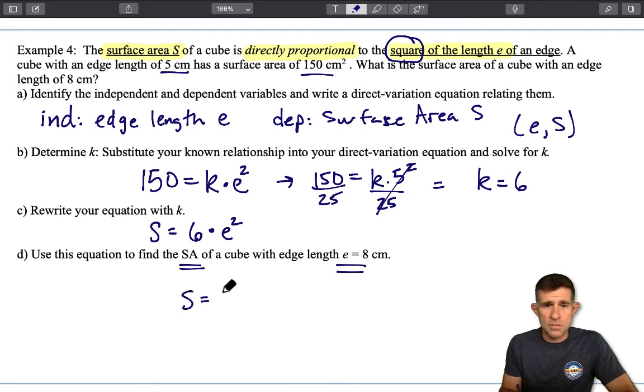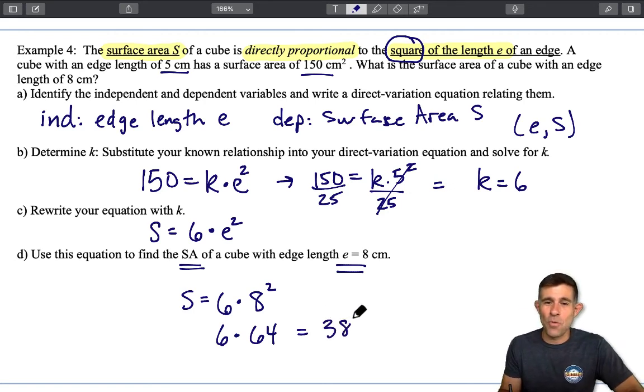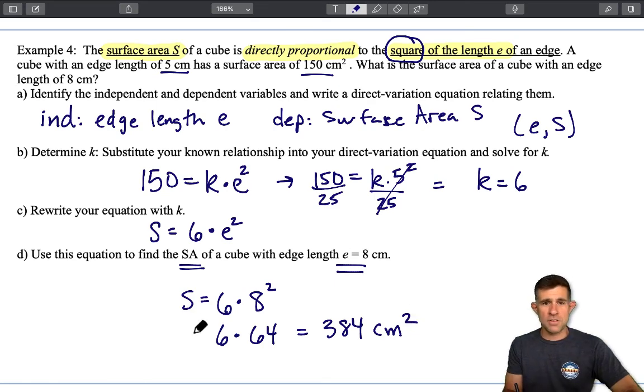So the surface area should be equal to 6 times 8 squared. Following our order of operations, we need to square 8 first. So this becomes 6 times 64, and that is going to result in 384, and that's going to be centimeters squared because we're talking about surface area.